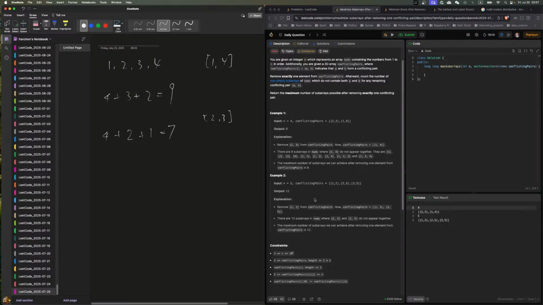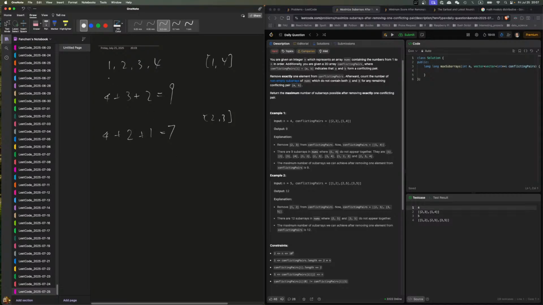So I have the total number of subarrays that I can do. That I think is 2 to the n. That's 2 to the n minus 1, because we cannot do empty. So it's 2 to the n minus 1, right? No, I don't think so.